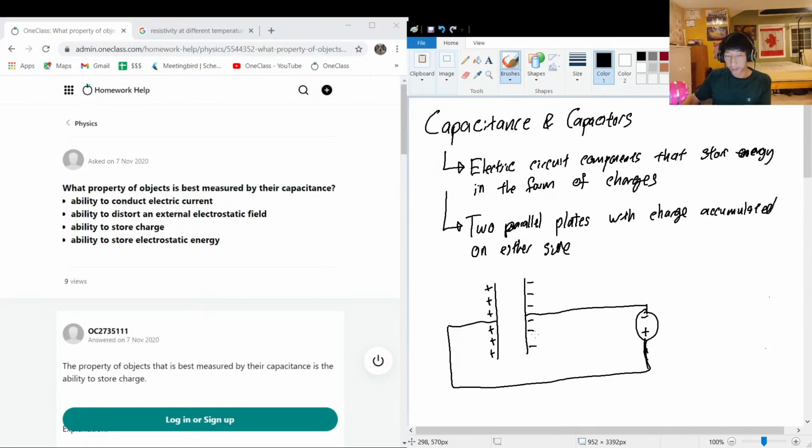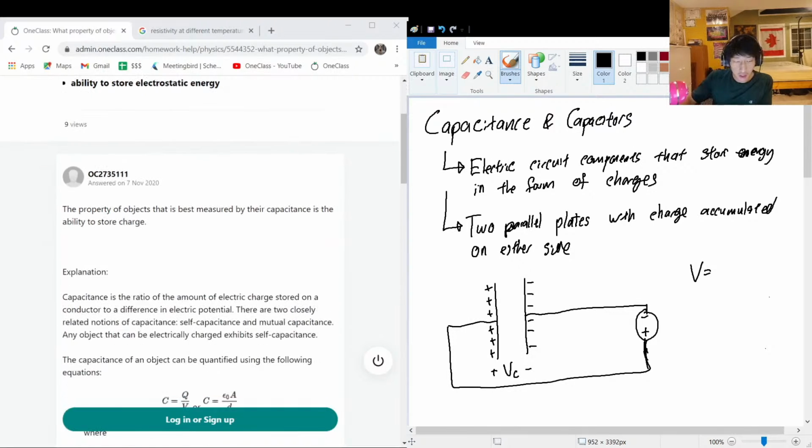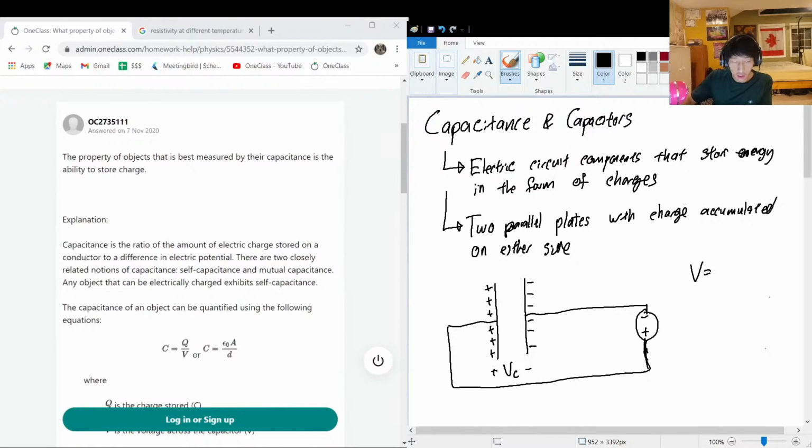Okay, and the voltage of the capacitor, I think, is V equal to Q over C, or Q is equal to CV.